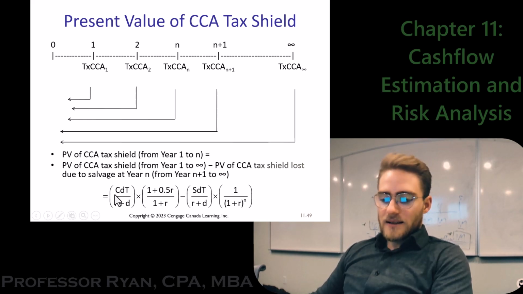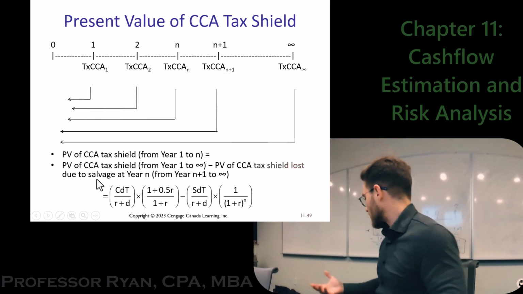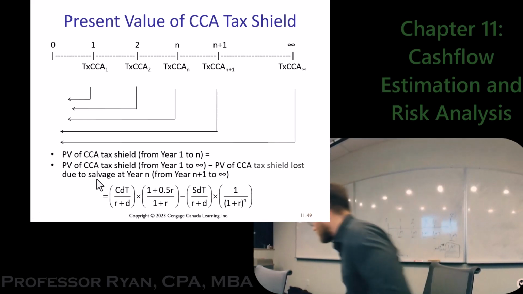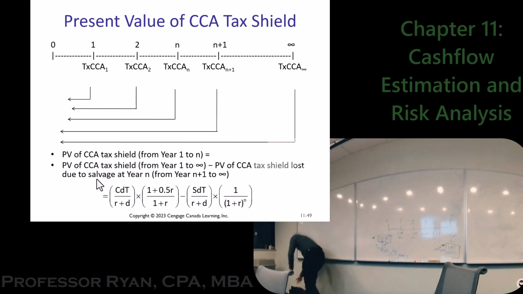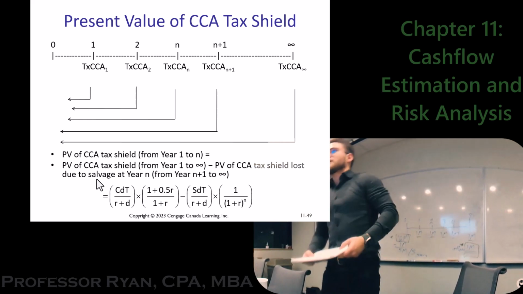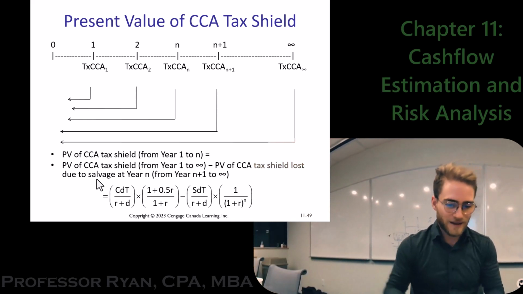So in this case, we have CCA 1, 2, 3, 4, and then this is our CCA formula. Sorry, this is the present value of our tax shield formula. So I can break this out for you. I just have to pull out that note here. What this is, and I know this is super complicated, but it's not as bad as you think.